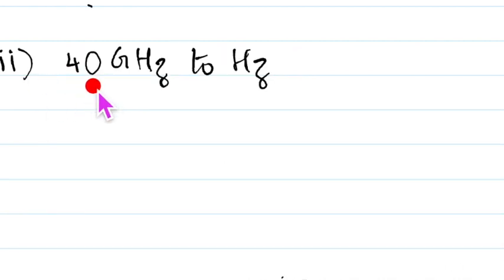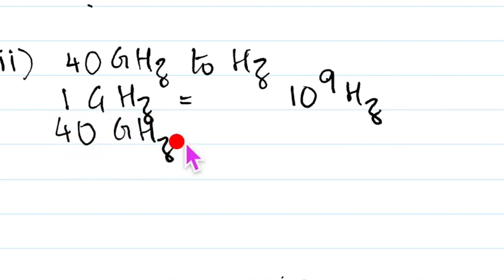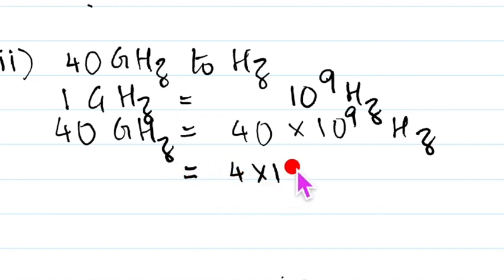For our second subpart, 40 gigahertz to hertz. Now 1 gigahertz is 10 to the power 9 hertz. So 40 gigahertz will be 40 into 10 to the power 9 hertz, and that will be equal to 4 into 10 into 10 to the power 9 hertz.